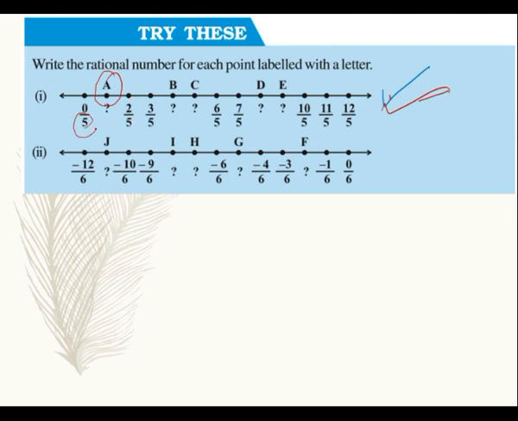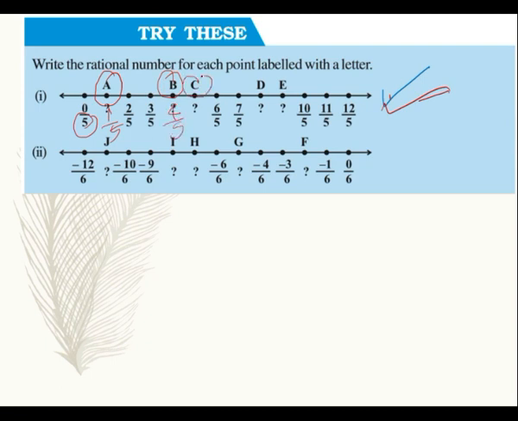Now watch the number line and how many parts are made between the integers 0 and 1. There are 5. 5 by 5 is supposed to be 1. From 0 by 5 to A, this is 1 by 5. From A to here, 2 by 5. From here to here, again 1 by 5 added, so it gives 3 by 5. So what does this point B represent? 4 by 5.